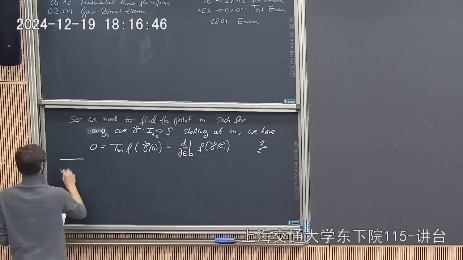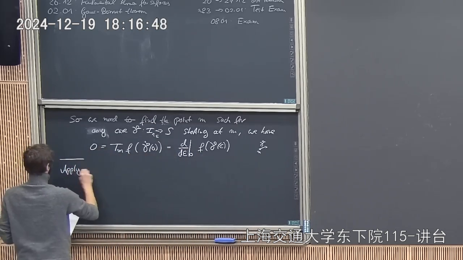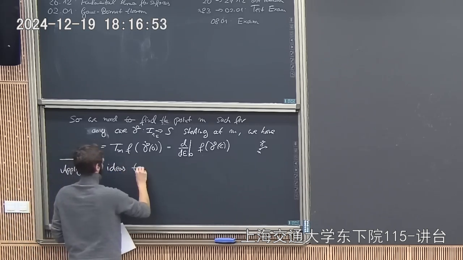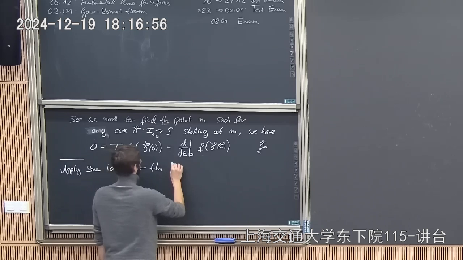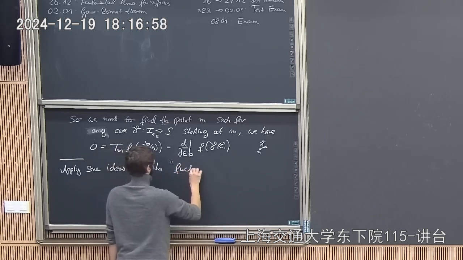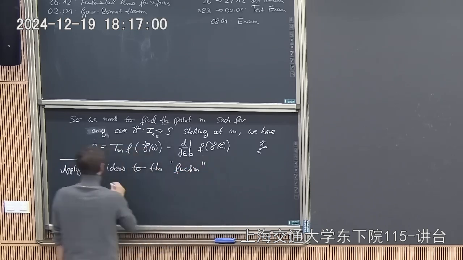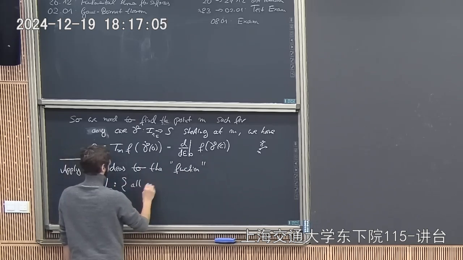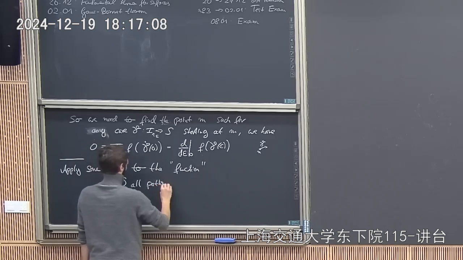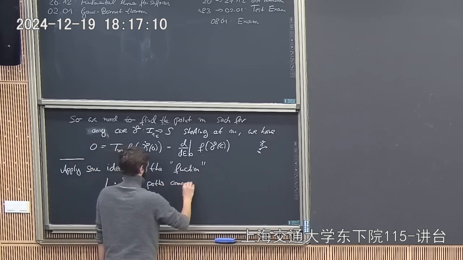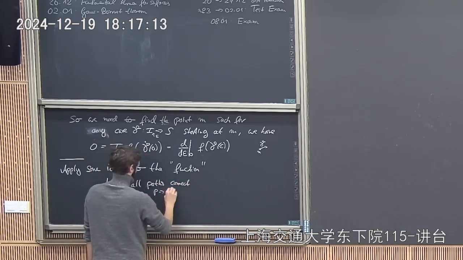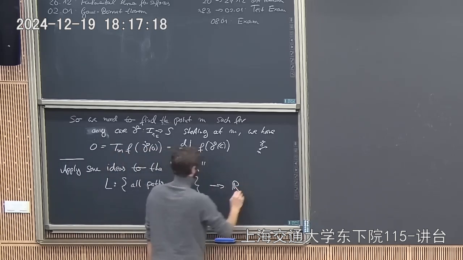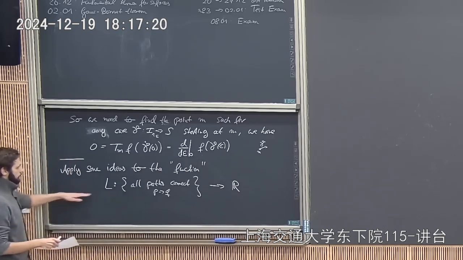So apply the same ideas to the function which is the length. So we have L, which is defined on all paths that connect P to Q, and then it gives us a real number, so that's just the length.